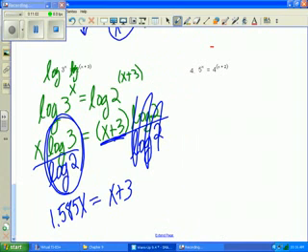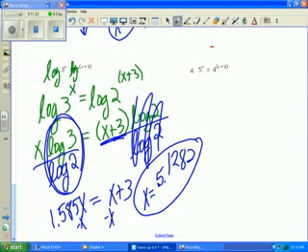It's a regular Algebra 1 problem. It may look strange because you have decimals involved, but I would just subtract x, and then I would be dividing by 0.585. And I get the answer of 5.1282. Now, do I need to check that?